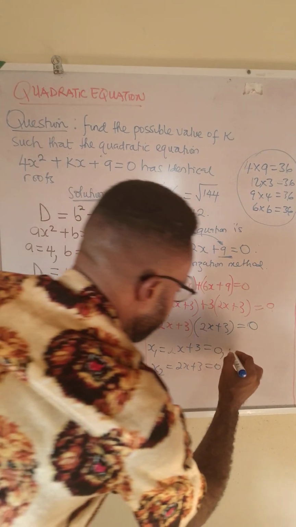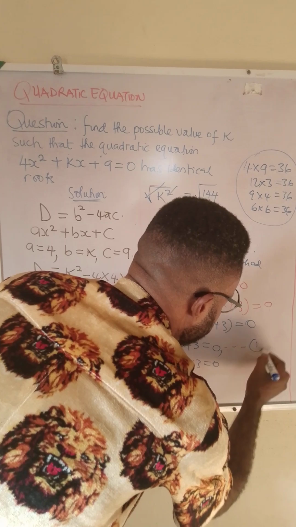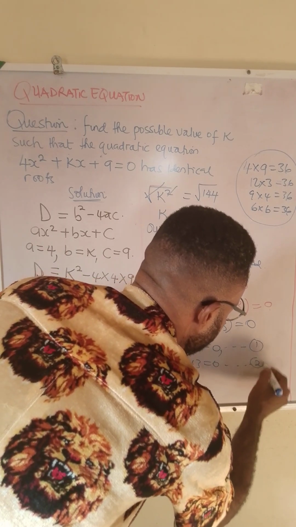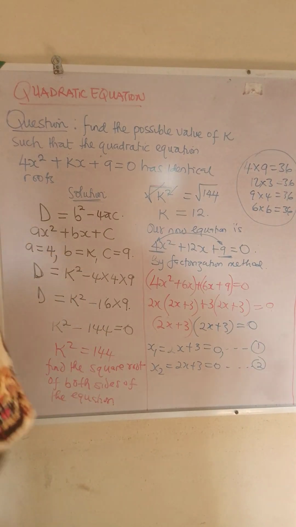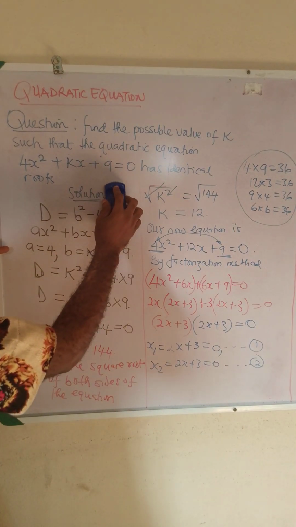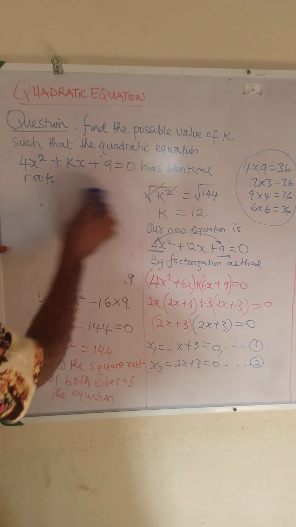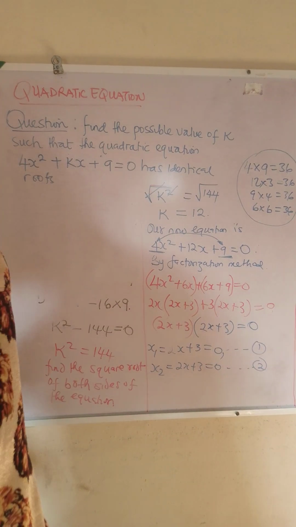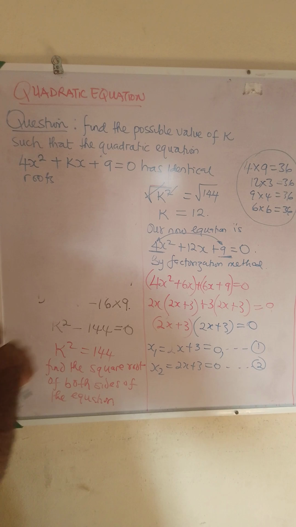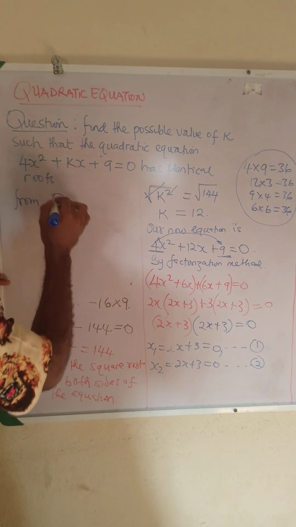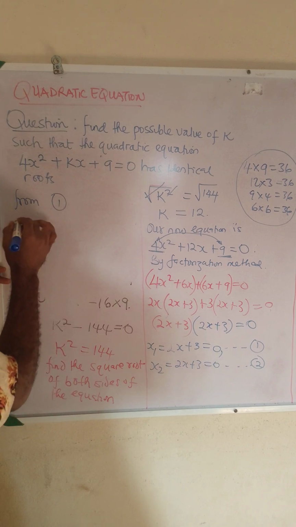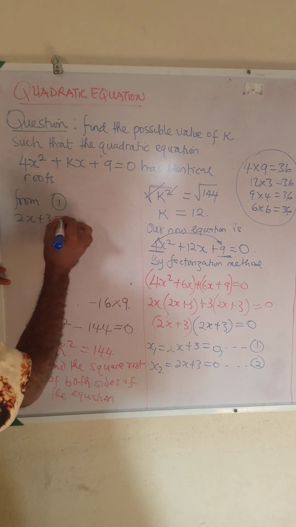So if we call this equation 1 and call this equation 2, okay, let me rub this off, continue from here. We can say from equation 1 that 2x plus 3 equal to 0.